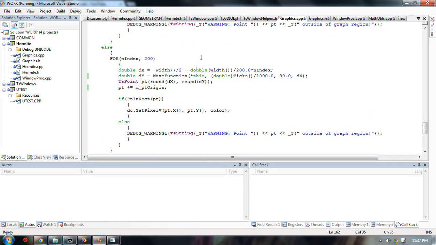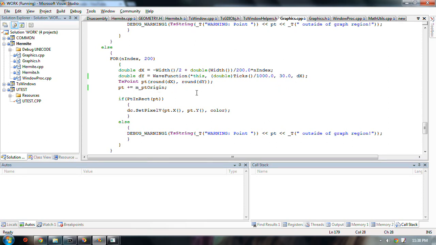But another way one can do a graph like this is instead of using an array, you could have an actual function that you call, given some x, it would return y.